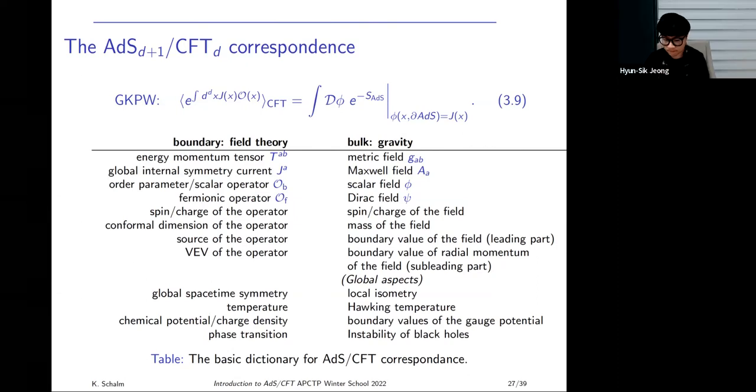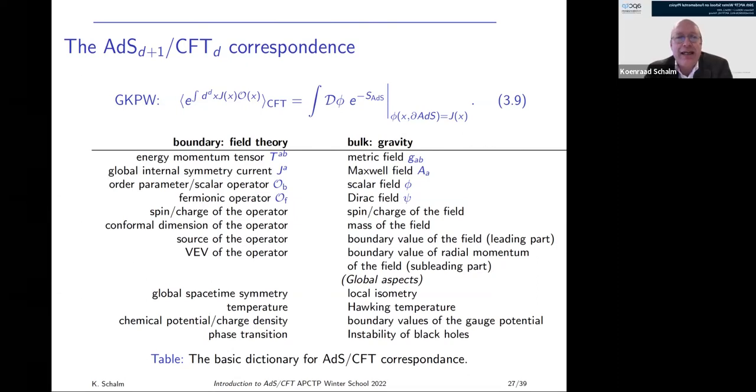Okay, so everybody rejuvenated and awake again. In the first lecture, we discussed all the various ingredients, and we ended with this GKPW rule, Gubser-Klebanov-Polyakov-Witten rule, which shows you how to relate the generating function of correlation functions in a CFT, the partition function, in other words, with the path integral for an anti-de Sitter gravity or string theory.